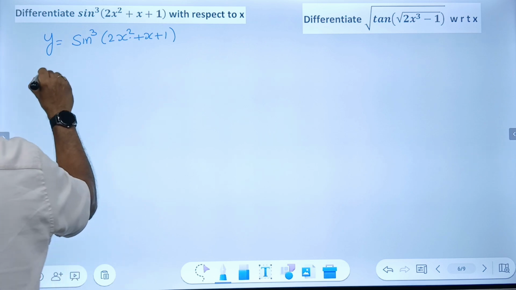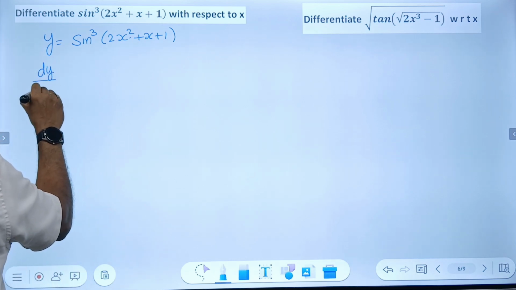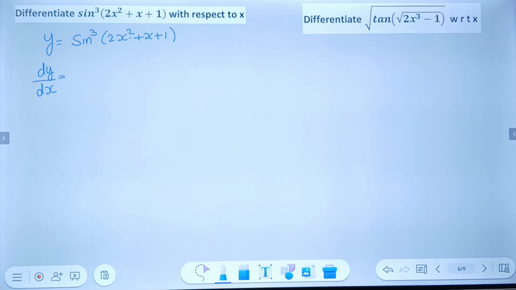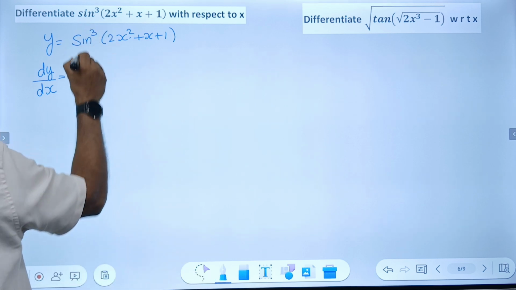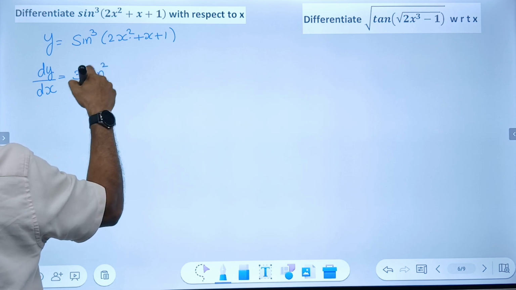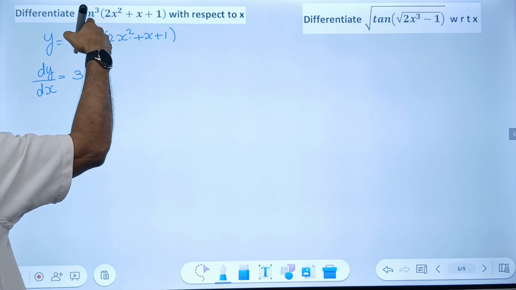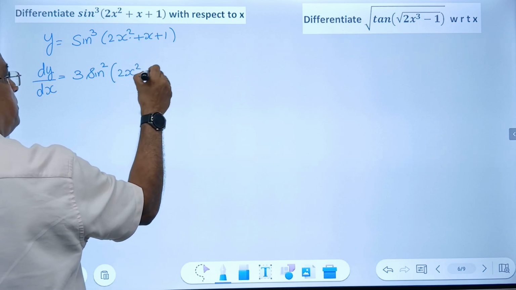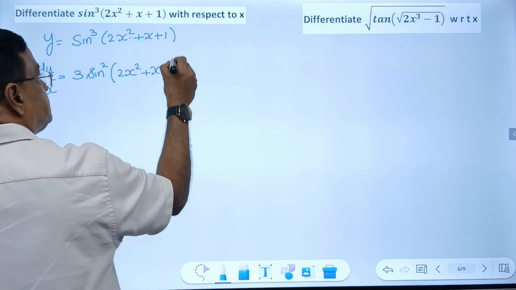When I want to differentiate, that is dy by dx, the first order derivative, I differentiate the power. What is the power? 3 sine square, n minus 1, 3 minus 1, into 2x square plus x plus 1.